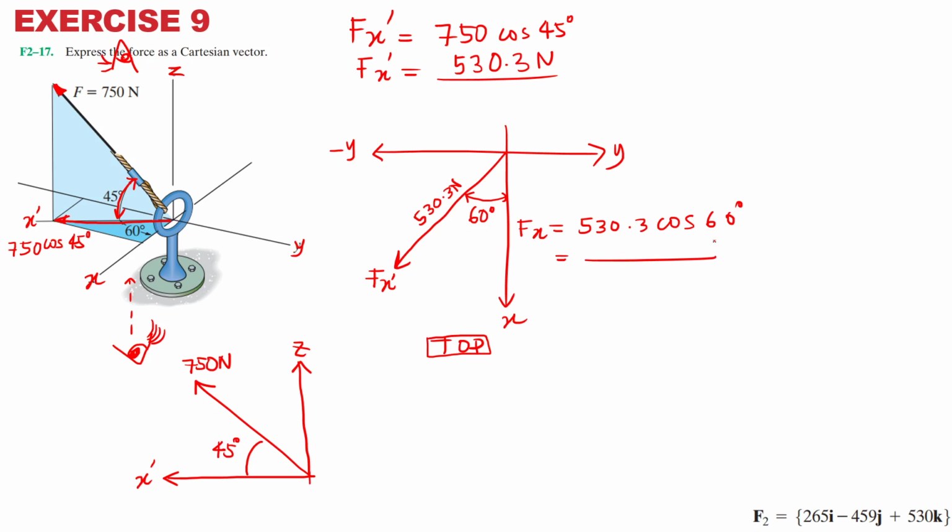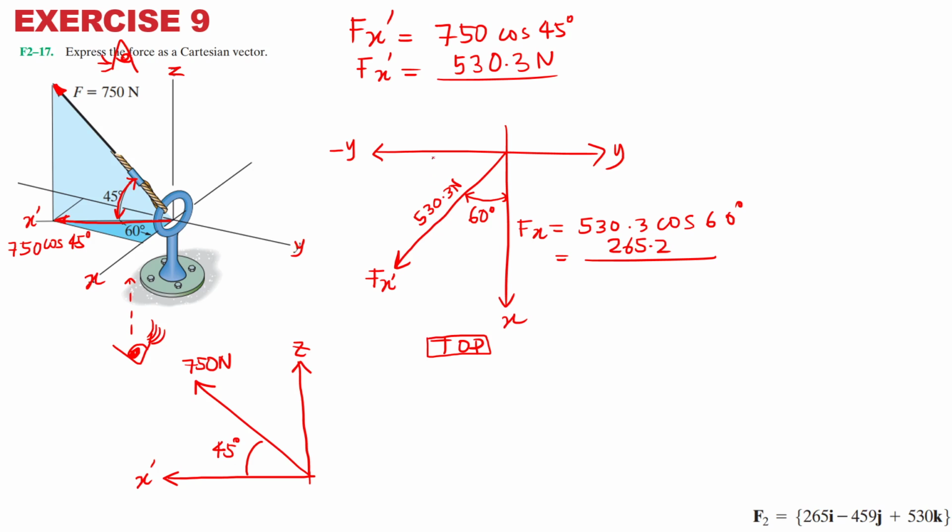What is the value of cos 60 degrees? 530.3 cos 60 degrees gives 265.2. So this is the Fx value.